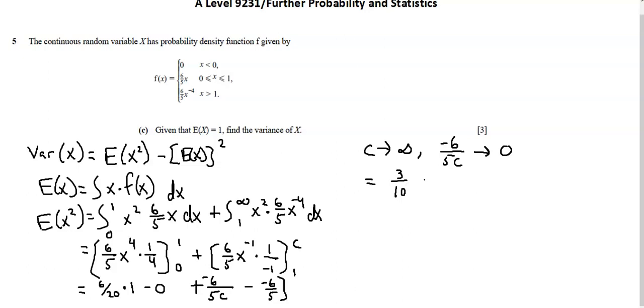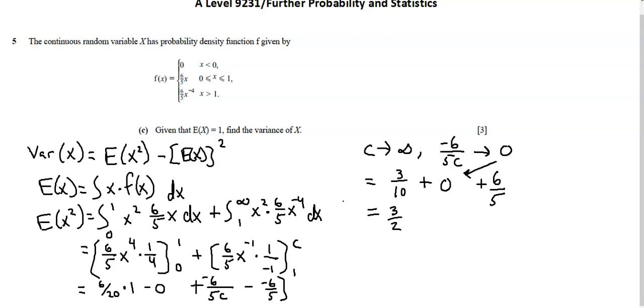Now I'm going to go ahead and write in plus 0, referencing this 0 that I've identified as the result of c approaching infinity. Minus negative 6 over 5 is plus 6 over 5. And we simplify to 3 over 2.